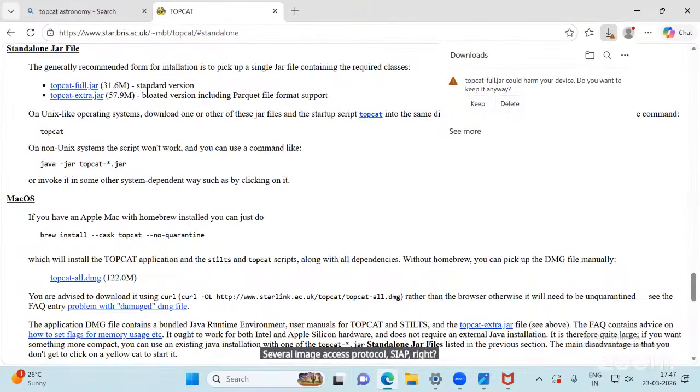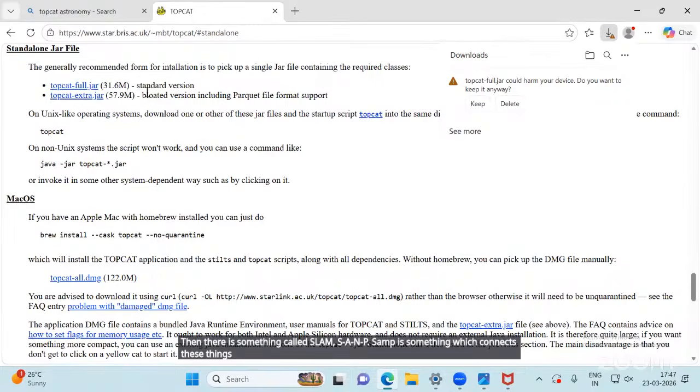Then SSAP, simple spectral access protocol. So there are these terms which allow you to access spectra, access tables, access catalogs, and so on and so forth. Then there is something called SAMP. SAMP is something which connects these things.